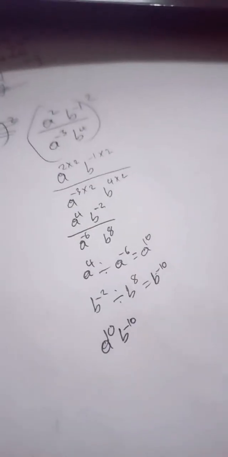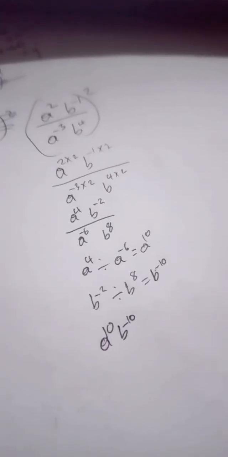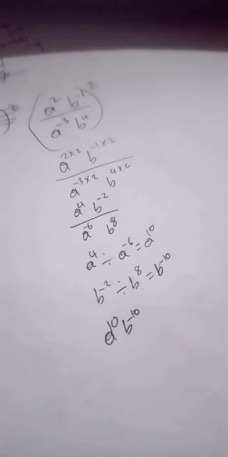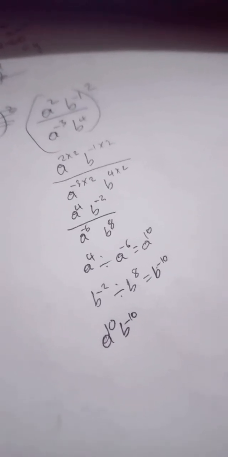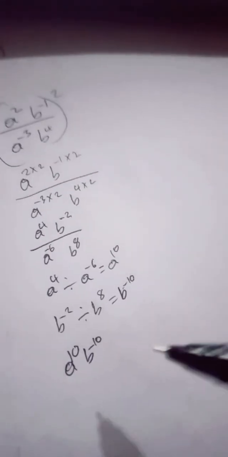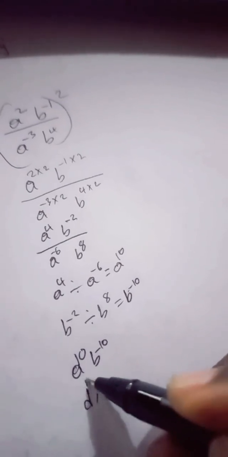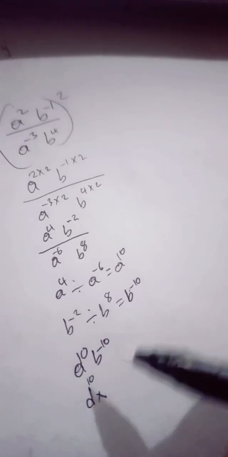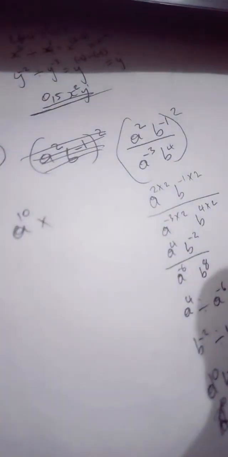But remember that we said we must not leave an exponent negative in our answer. So that means this exponent must change to positive. A to the power 10 is multiplying b to the power negative 10.